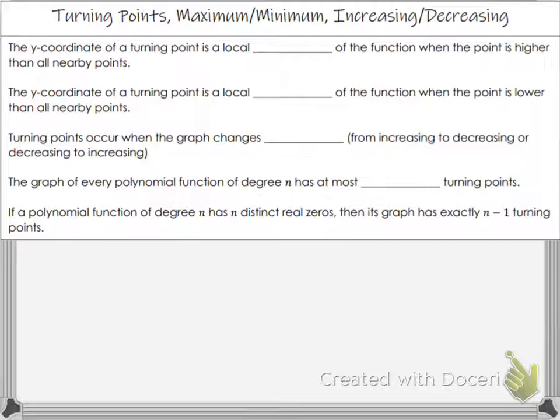So if it's higher than all nearby points, do you think it's a local minimum or a local maximum? Maximum. If it's higher than everything else, it's a maximum. So in my blank, I'm going to write maximum. Questions on that? The y-coordinate of a turning point is a local blank of the function when the point is lower than all nearby points. What do you think I'm going to put there?